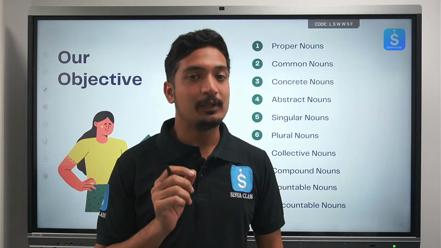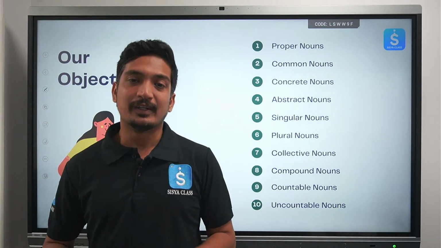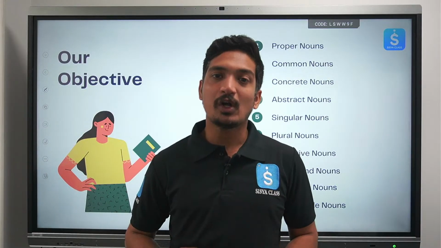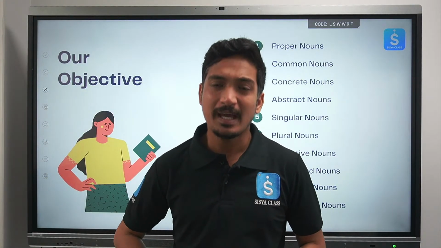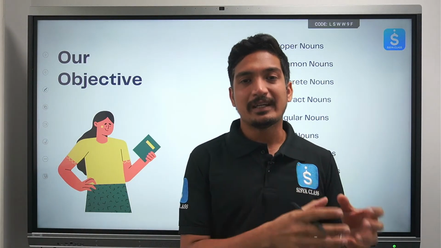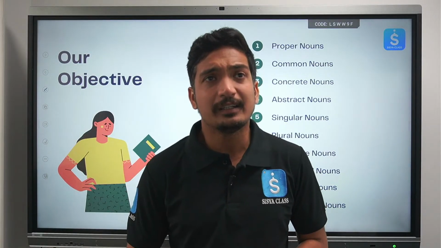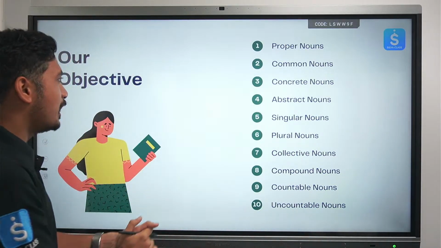Because you will be able to not only understand the noun, but we'll also have exercises in between. These exercises will give you a complete and very clear idea of how nouns are actually used and how to identify what kind of noun we are talking about. A sentence can have more than one noun, and we'll also see how we can identify the different types of noun in a given sentence.